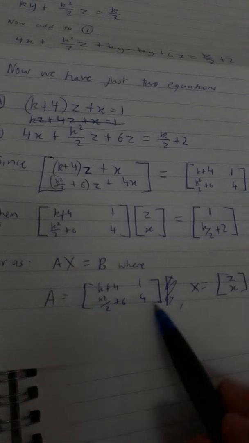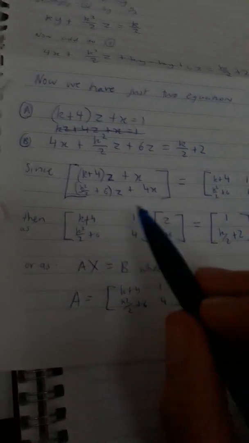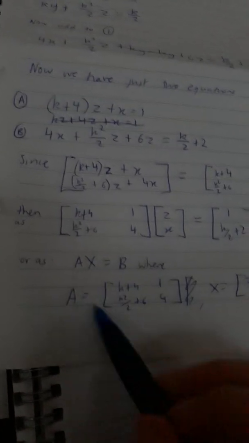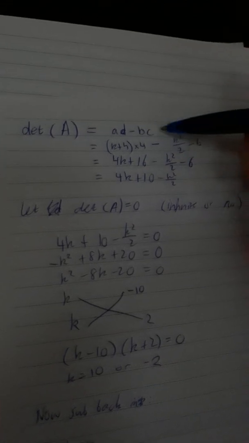Okay, now this is the important bit. Determinant of A. Remember, A is this matrix here. The determinant is AD take away BC. Let's go back quickly and look.